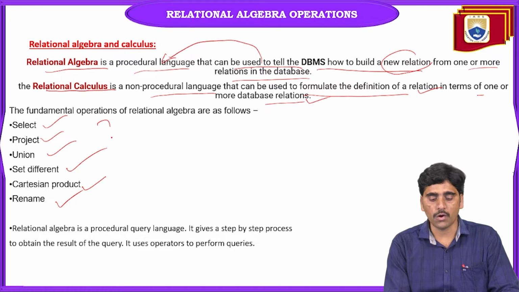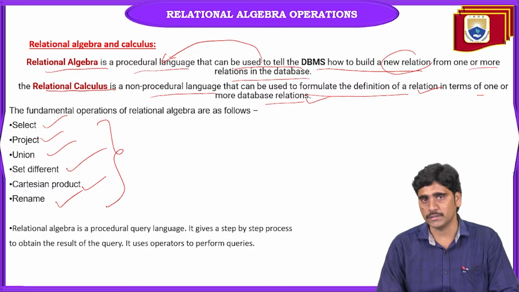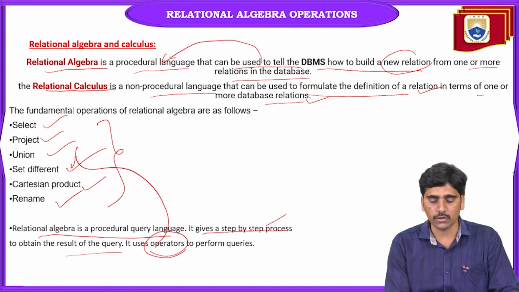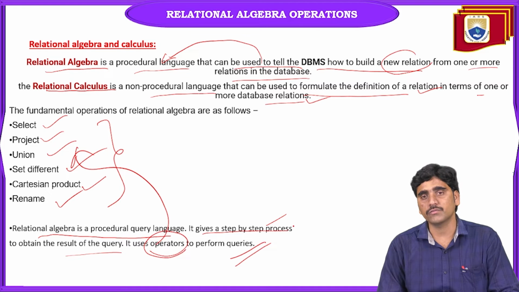These are the operators performing the operations. Relational algebra is a procedural query language. It gives a step-by-step process to obtain the result of a query, and it uses all these operators to perform the query.